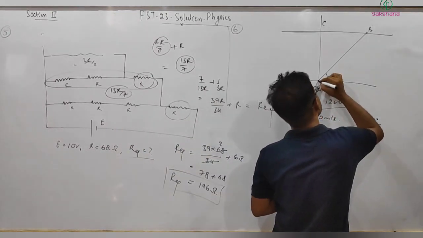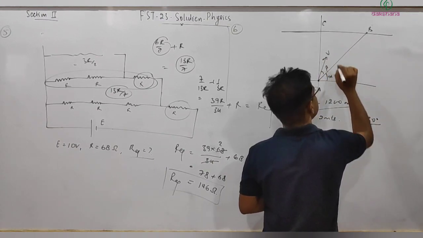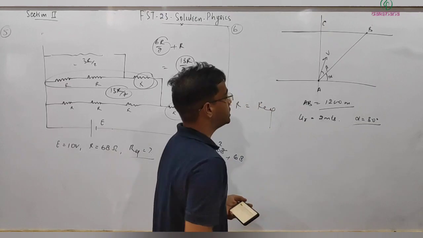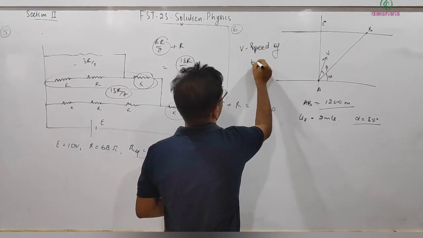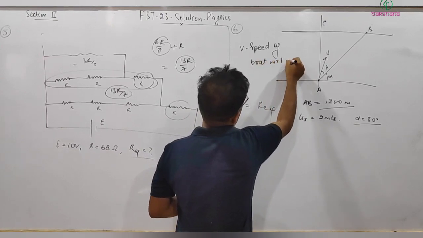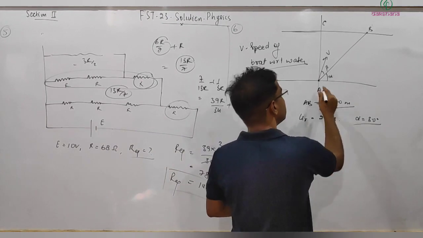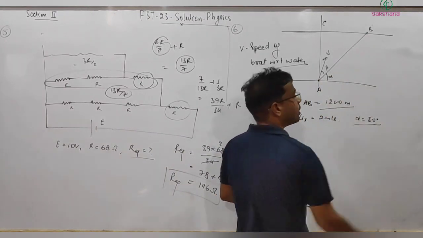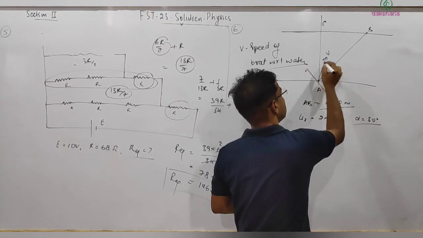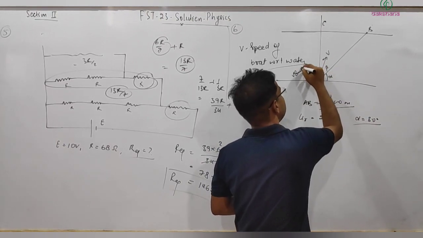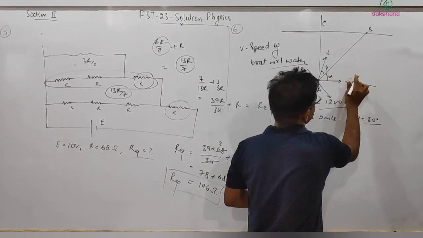So first thing is the boat definitely has to drive at some angle beta. Let's say V is the speed of the boat with respect to water or river flow. In that situation, because the boat has to move along AB, the component perpendicular to this is V sine beta, and this is VR, that is actually UR.